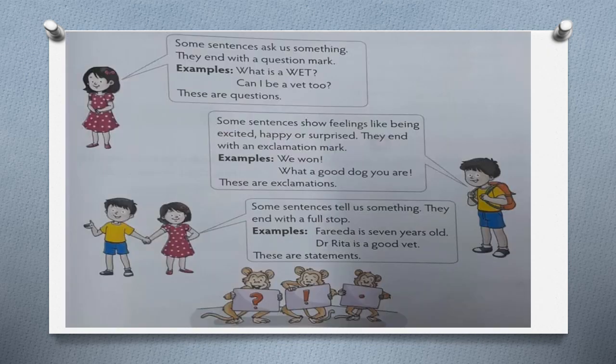There are different types of sentences. Children, some sentences ask us something. They end with a question mark. Example: what a wit! Can I be a wit too? These are questions. Children, some sentences show feelings like being excited, happy or surprised.